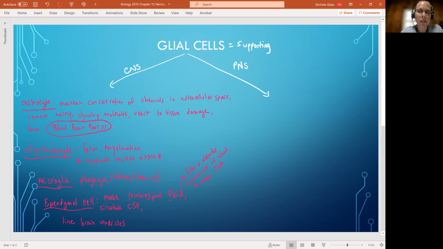Okay, so the astrocyte, oligodendrocyte, microglia, and ependymal cell are the glial cells that are found in the central nervous system specifically. When we talk about the peripheral nervous system, we have just two types of cells here. We have what's called the satellite cell. And the satellite cell is going to be found in sensory and autonomic ganglia.